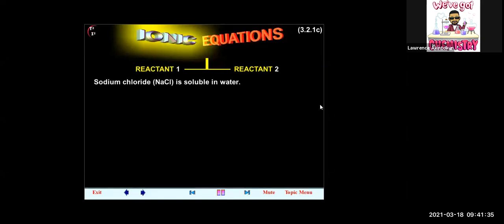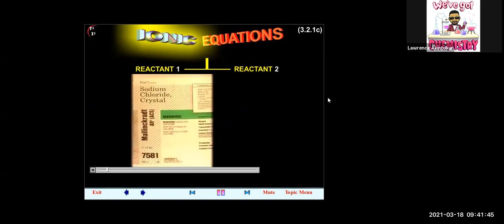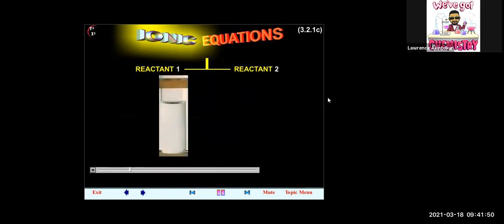Sodium chloride is soluble in water. Solid sodium chloride, when dissolved in water, breaks down into sodium ions and chloride ions. Sodium chloride added to water and stirred leads to the dissolution of sodium chloride with the formation of sodium and chloride ions in solution.